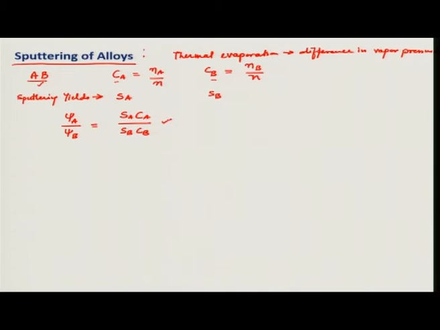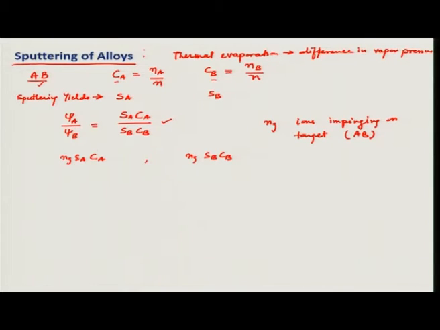Okay. Now, if Ng atoms or ions are impinging on the target, which is alloy AB, then the total atoms coming out of A and B would be Ng Sa Ca, and also Ng Sb Cb, because Ca is the concentration and the sputtering yield depends on the number of ions impinging.